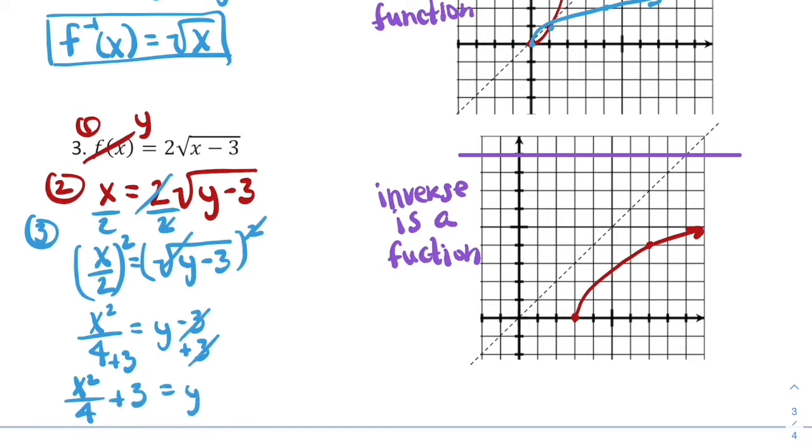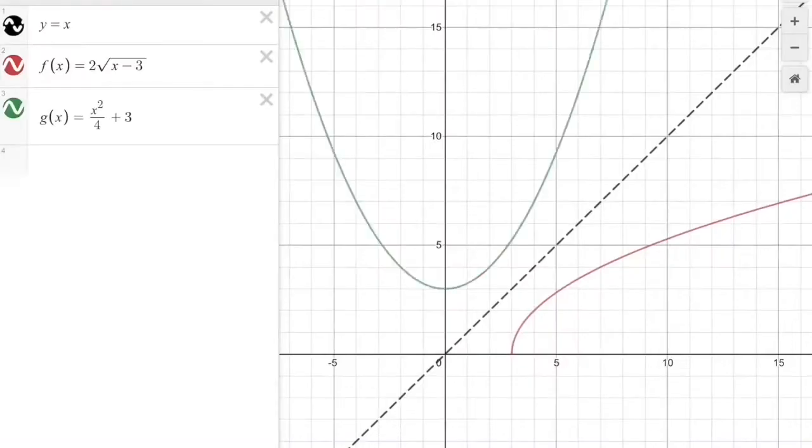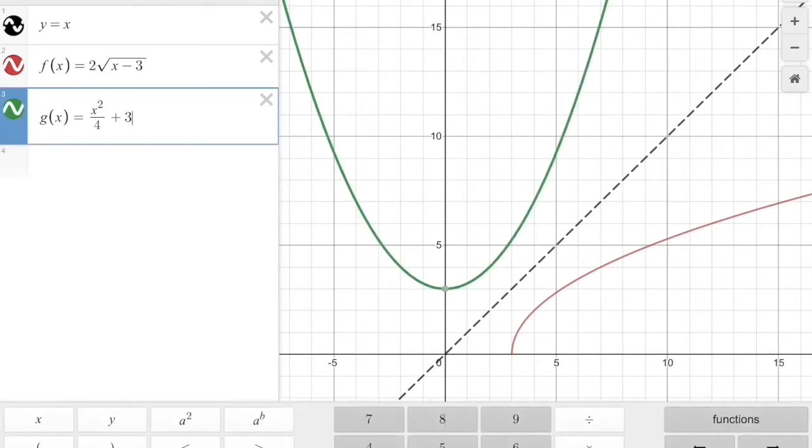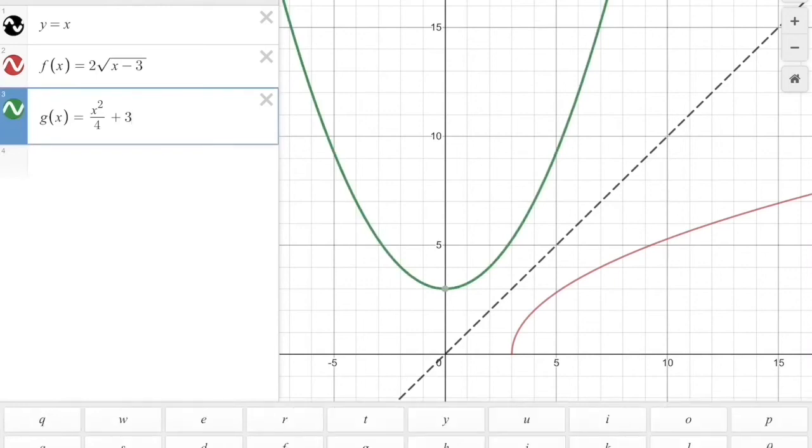All right, so let's plot that and use the plot to decide what we might need to do about our domain or range. When I plot this, I get a parabola because I have an x squared. So I'm going to need to restrict things in order to not have a parabola. So I'm going to go in, and if you go to your ABC keyboard, you can find the bracket there.